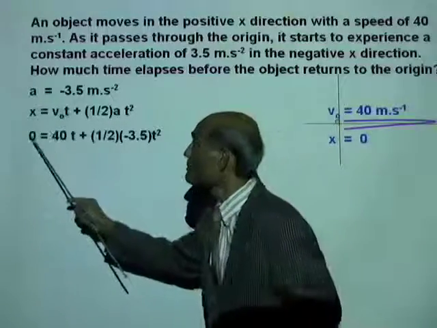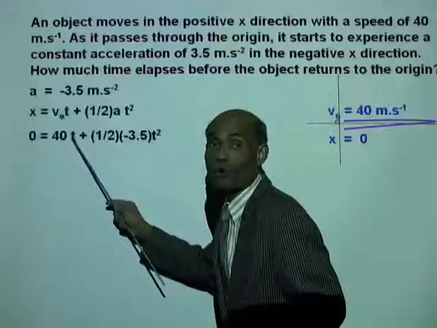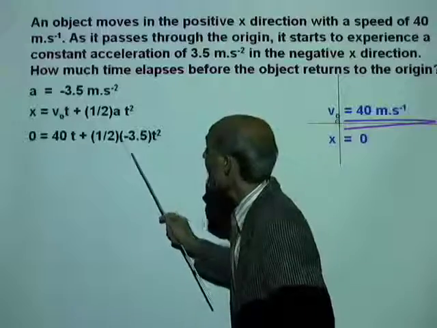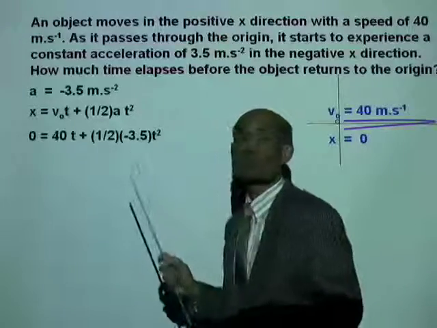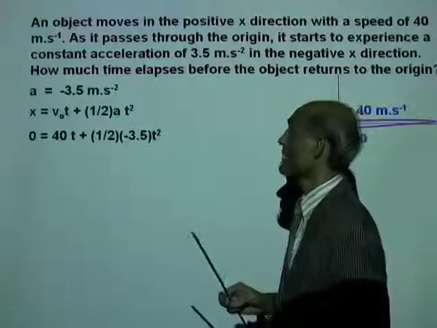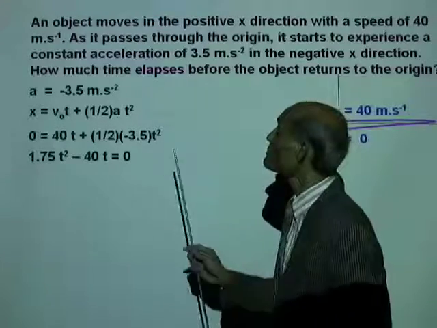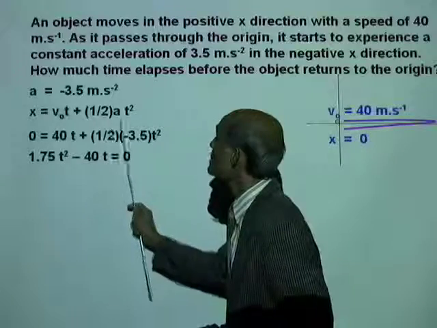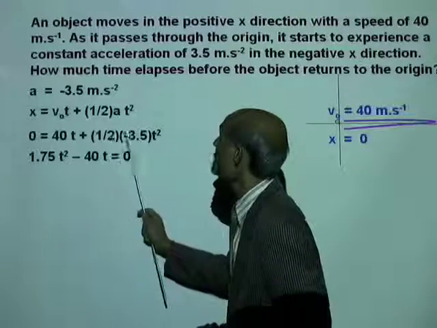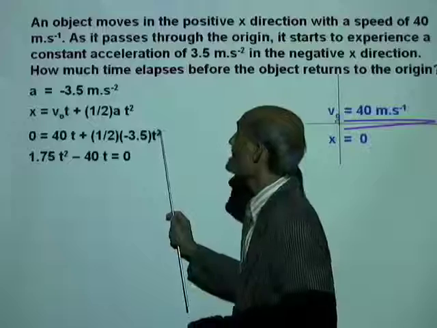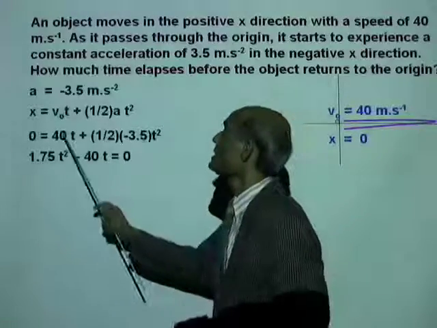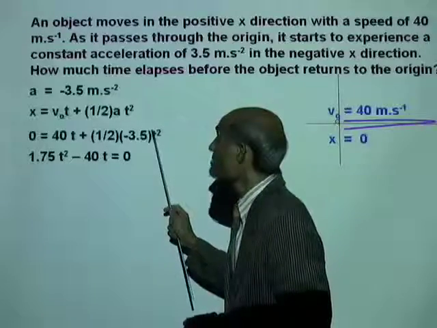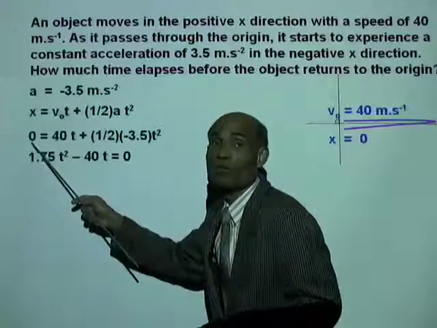So then we say 0 equal to 40t, v0 is 40, plus 1/2 a, is negative 3.5 t squared. And let's rearrange this equation. 1/2 times negative 3.5 is negative 1.75 t squared. So 40t minus 1.75 t squared is 0.